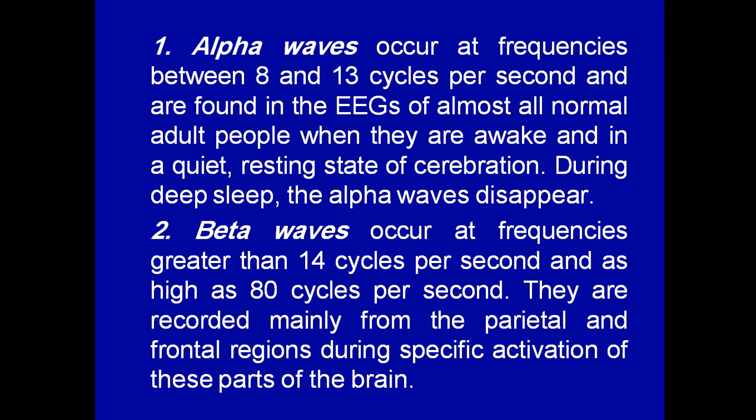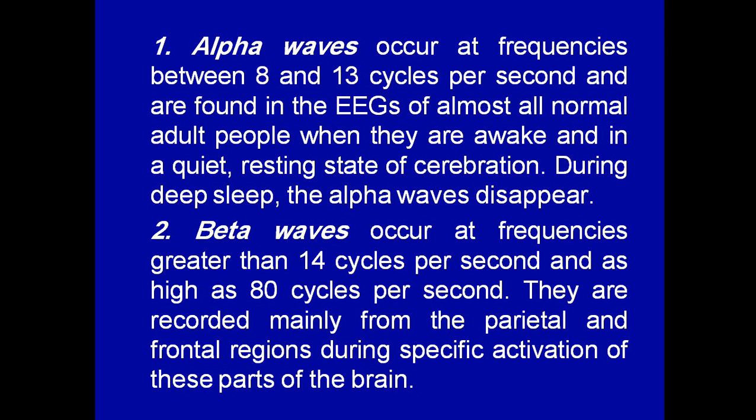Starting with alpha waves, most of the adult normal activity at resting state is of an alpha wave. This is at a frequency between 8 to 13 Hertz, or cycles per second, and it's found in almost all normal adult people when they are awake, quiet and in a resting state.